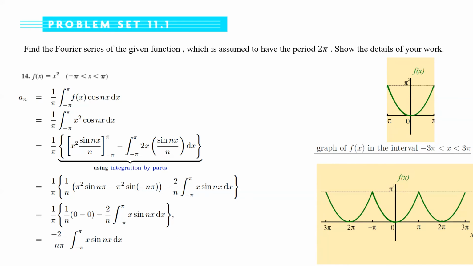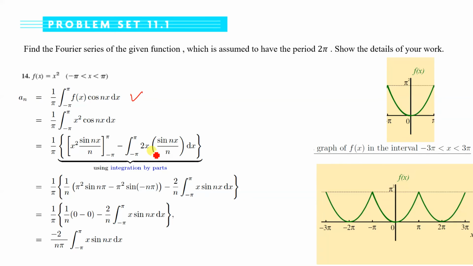For the value of an, again use this formula: 1 over pi times the integral from minus pi to pi of f(x) cos nx. This is the basic formula for an, and we substitute the value of f(x), which is x square. Again we need to use integration by parts.